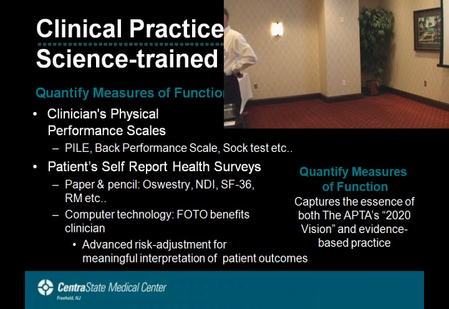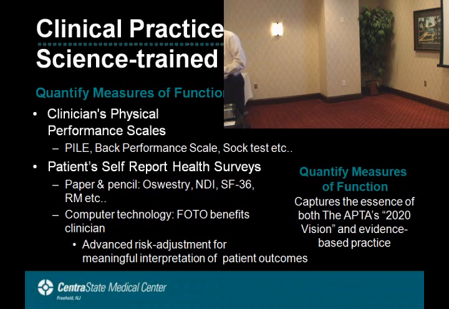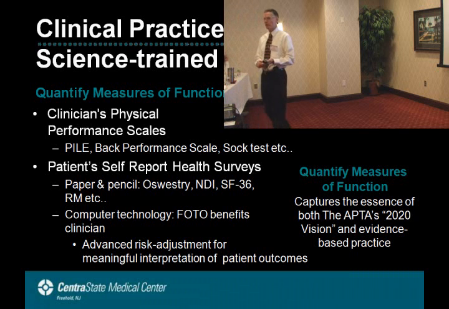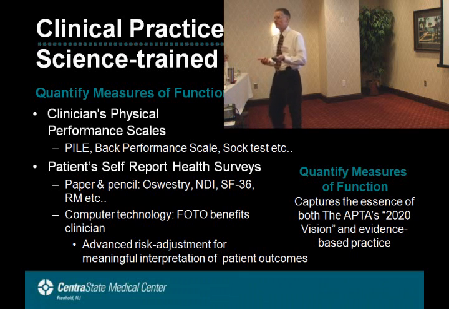Why should we have academia telling us what are the most important risk-adjusted parameters? Let's feed it up. Let's give them the information that we collect that we feel is important. Classification, perhaps. What the clinician's physical performance measures might be important. If I'm talking to a psychologist, they're going to tell me depression is important. So there are many variables. And the whole exciting thing is it's a fluid process, and risk adjustment is growing as well as evidence-based practice continues to grow as we collect more data.